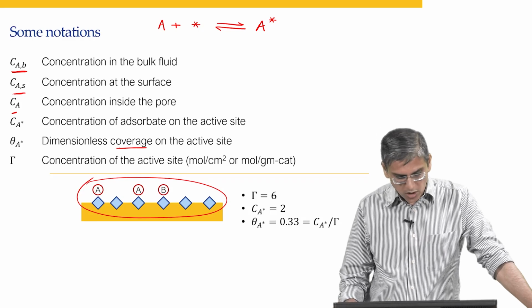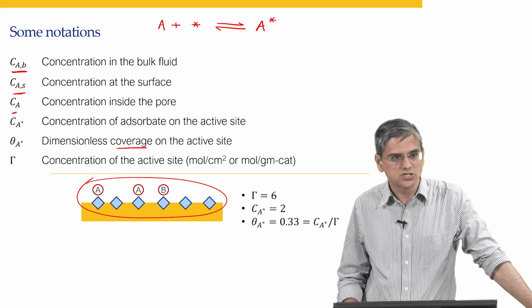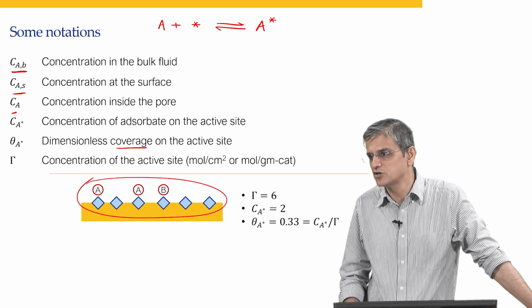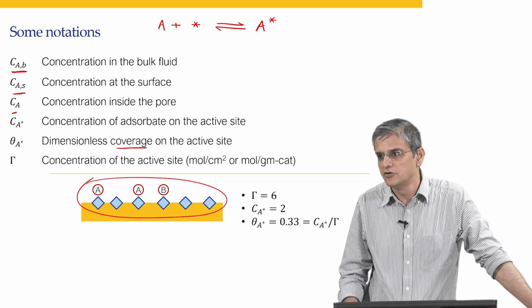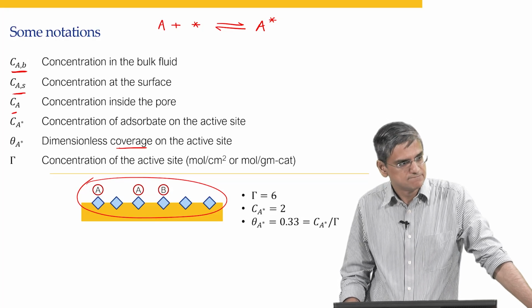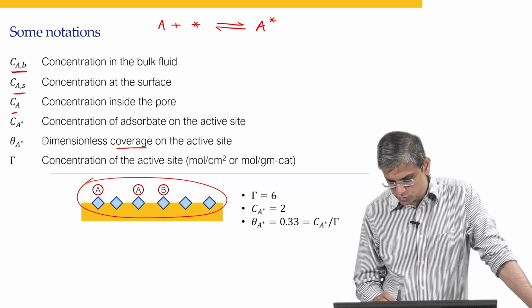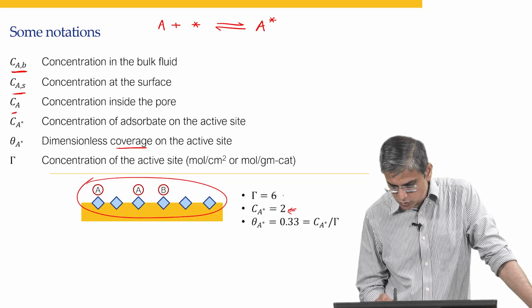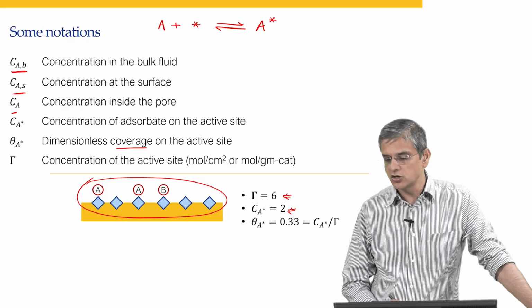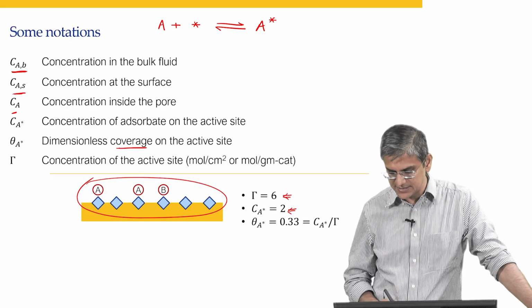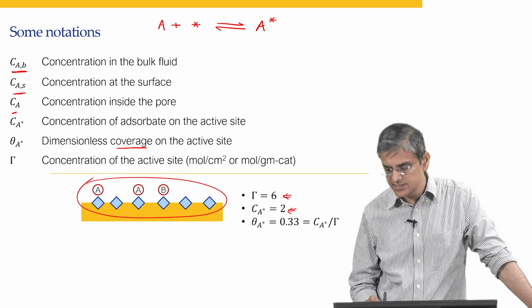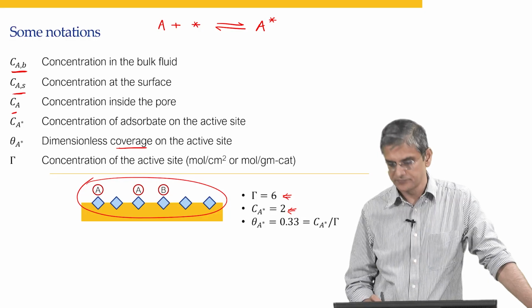What is going to be the concentration of A? Let us say concentration of A is 2. What is the coverage of A? 2 by 6. So, concentration of A is 2, the total concentration of all the active sites is 6. So, theta A is 2 by 6 or 1 by 3.